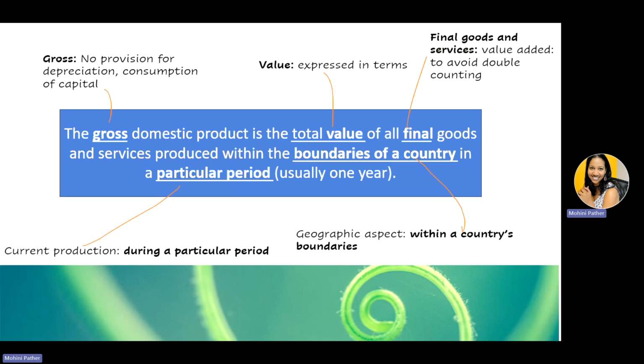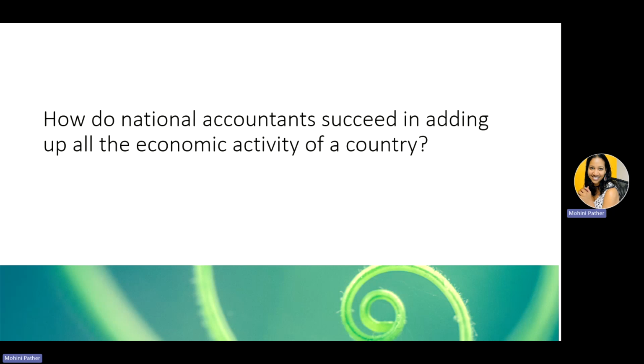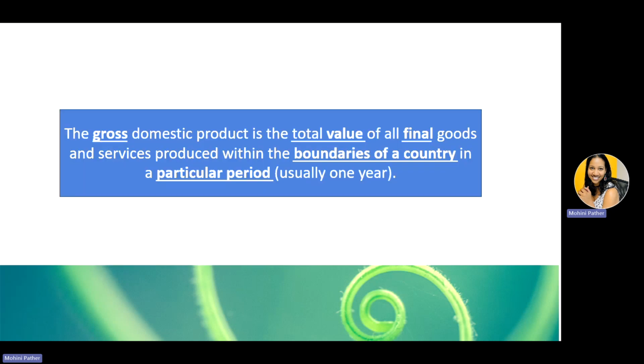The boundaries of our country are also very important because, as we go on to different types of national accounts, we consider different things like people living outside the country sending money into the country, all of these different variables. So let's look at each of these.